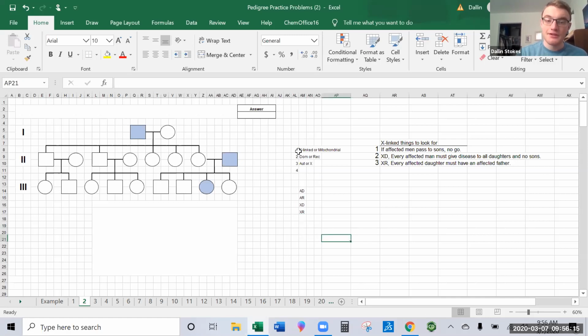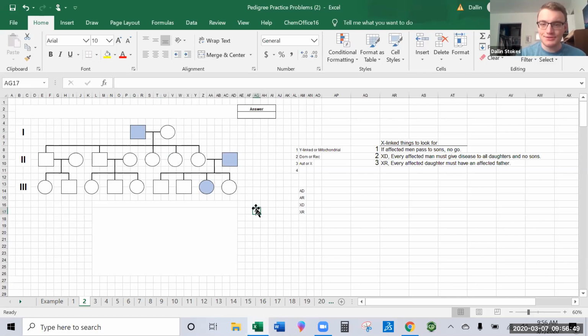Okay. Dominant or recessive. This one's tricky because I did a trick here that you'll never see on a real exam where the in-law is married. Always watch the sticks to figure out who is child and who is in-law, because she is an in-law, not a child. There's not a vertical stick there. So in this case, we have a man giving it to nobody, and then poof, it reappears.